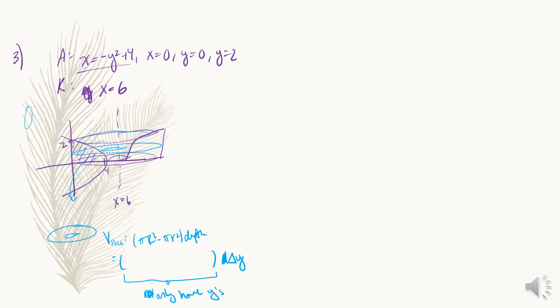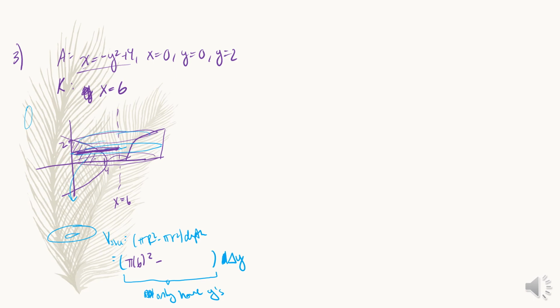We need to first figure out what are these two. So my big radius is being measured from this line here all the way out to the y-axis. So I have it in purple here. So there's my big radius, and you can see that big radius is the same for any slice that I would take, and it's just 6. Now let me try maybe in red.